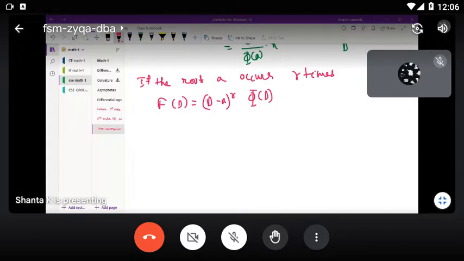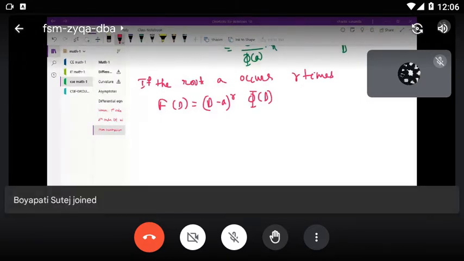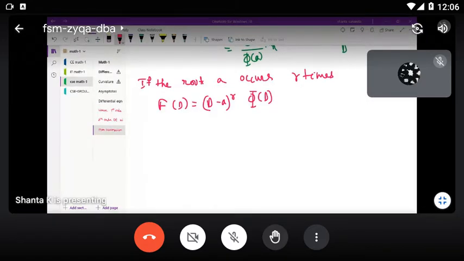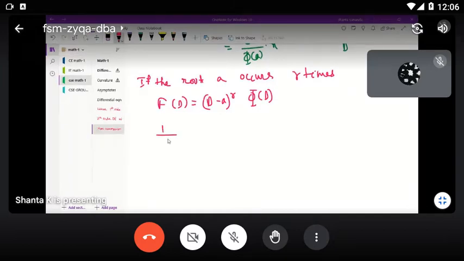This is how you can say. So 1 by f of d e power ax will be 1 by d minus a power r phi of d e power ax.